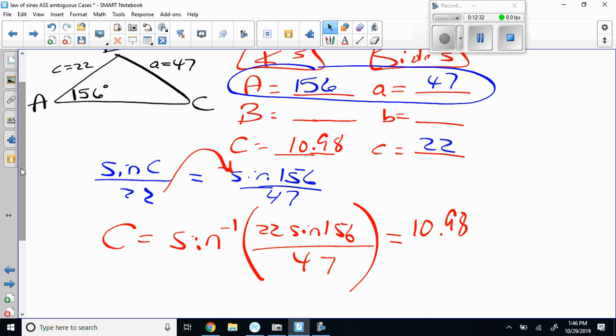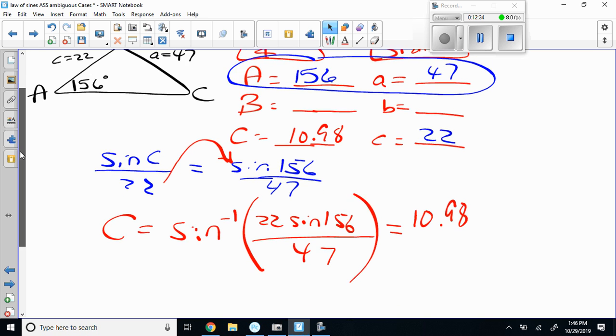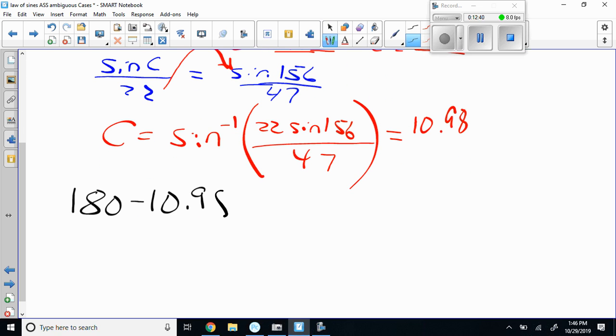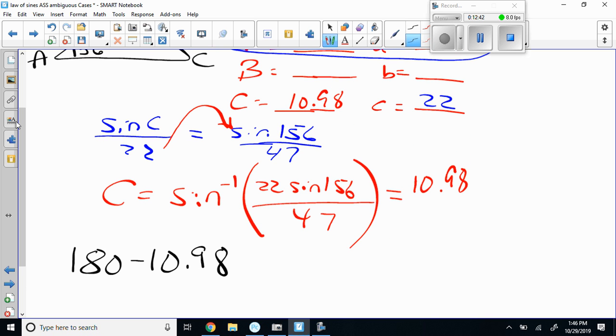And this is all you got to do. So 10.98, that's the angle that I solved for, C, right? Who did? Yeah, they went to 1 decimal. I'm going to 2. So you'll be okay. All right.